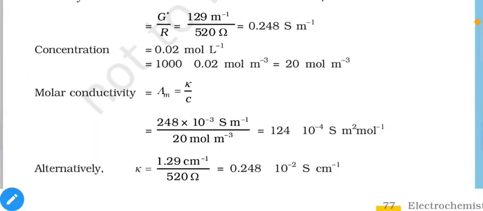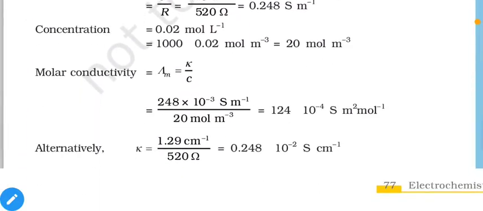Then concentration is 0.02 molar, and it is equal to 1000 multiplied by 0.02 moles, which is equal to 20 moles per meter cube. Now molar conductivity lambda m is equal to kappa upon C. So the value of kappa as calculated earlier is 0.248, and concentration is 20 mole per meter cube. So it is equal to 124 into 10 raised to minus 4.